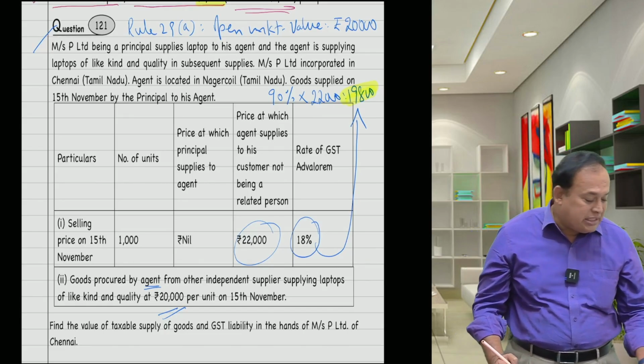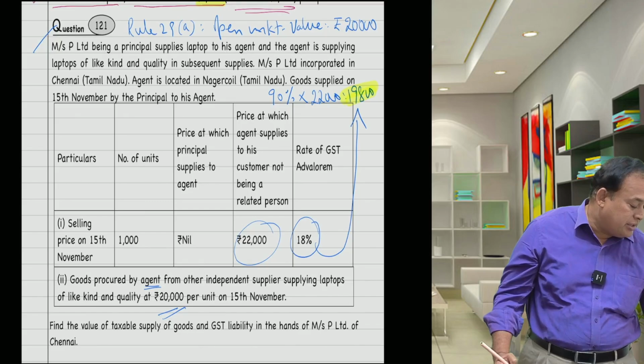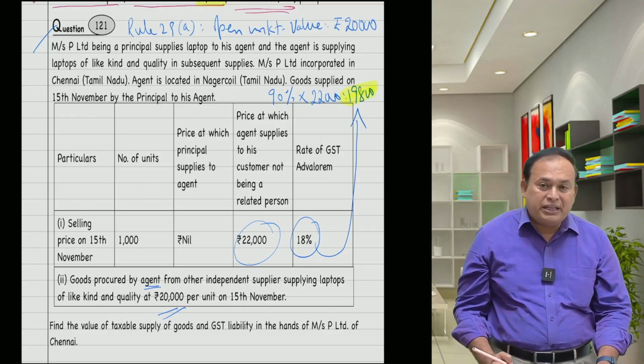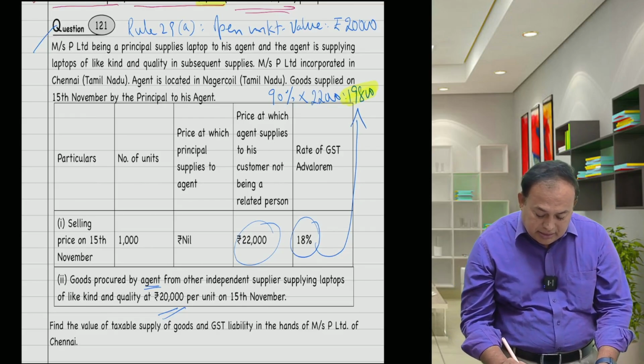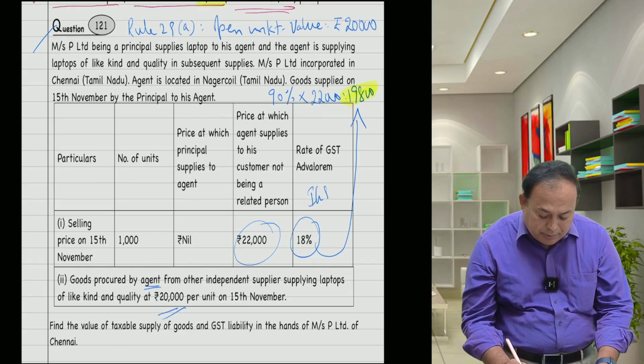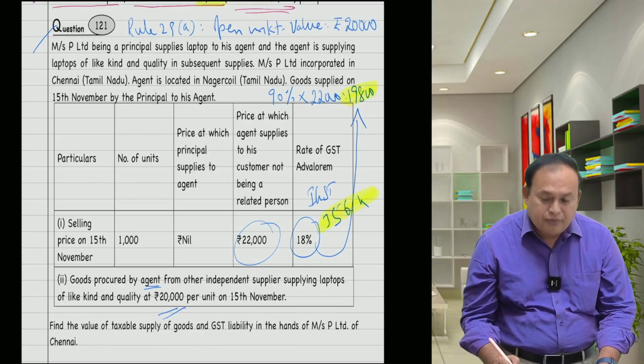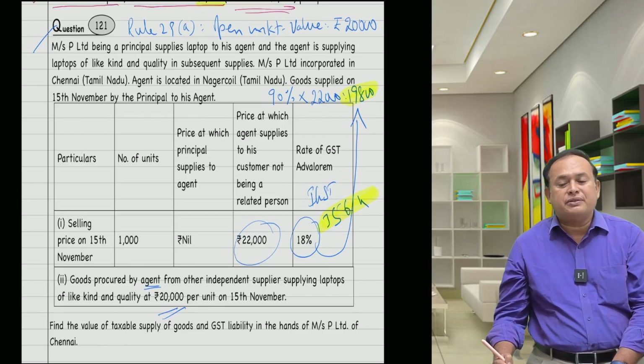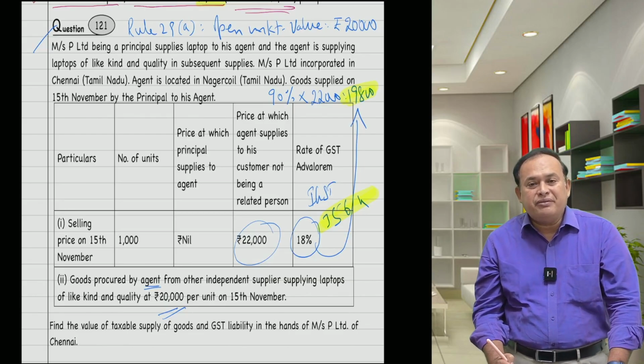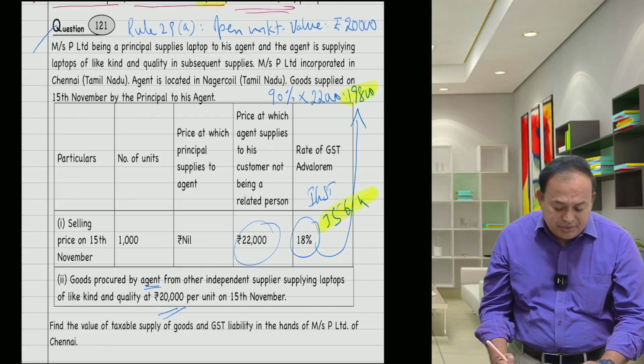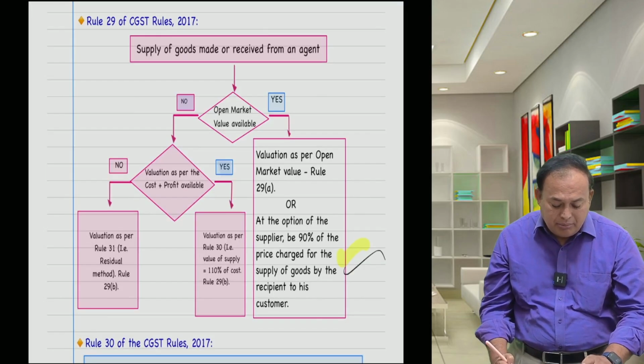Therefore, 18% GST on this value comes to rupees 3,564. Here IGST comes into the picture. 3,564 is the value of GST. This is the way in which you can adopt it.